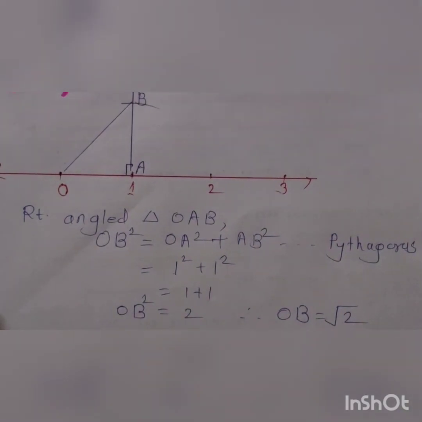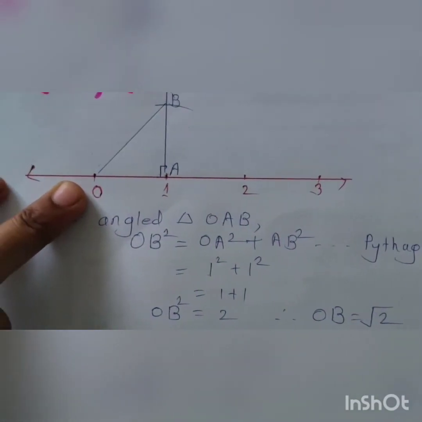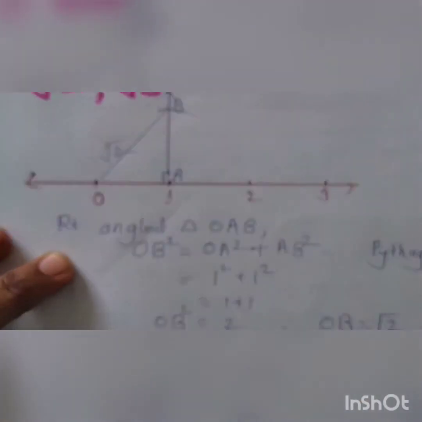here we construct a circle of radius OB with center O. Now we are considering this center O. This OB distance is root 2.